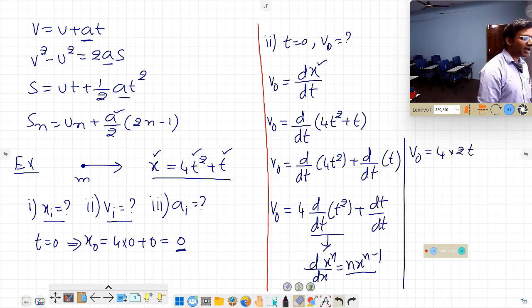Otherwise if you have doubt, in the place of x I have t, in the place of n I have 2, so 2 into t power 2 minus 1, 2 minus 1 is 1. So this is plus dt by dt, which is nothing but 1, because differentiation of the same function gives 1.